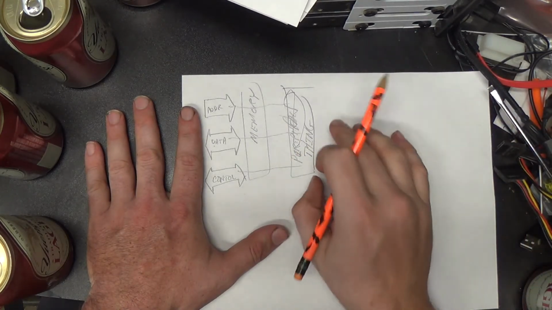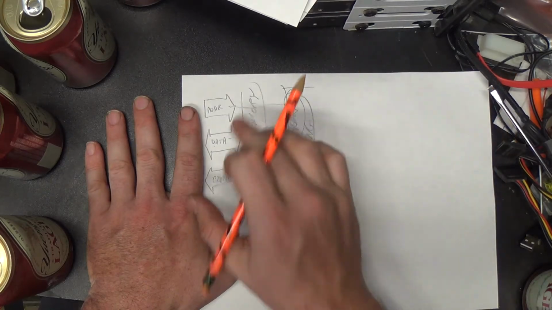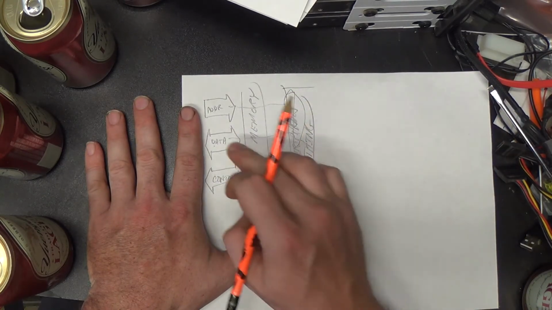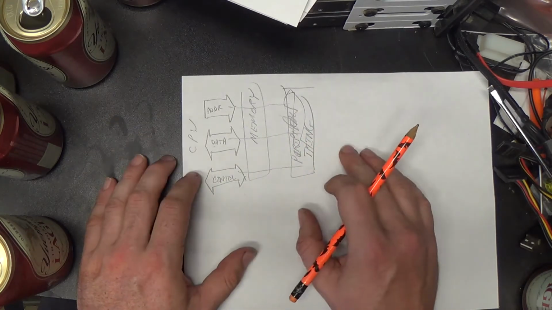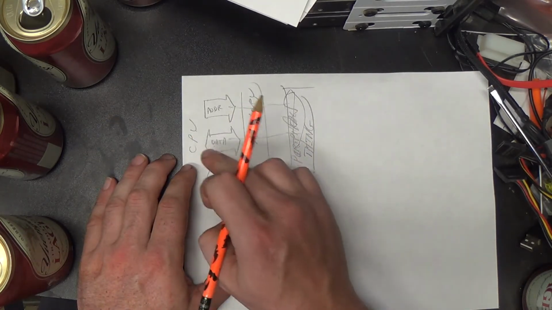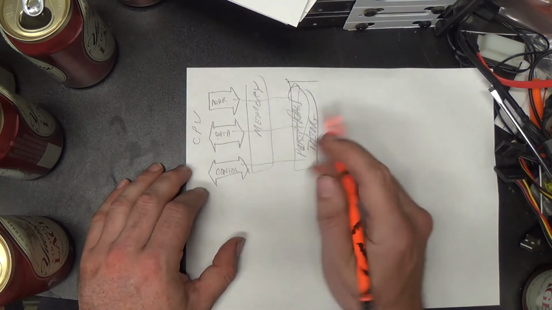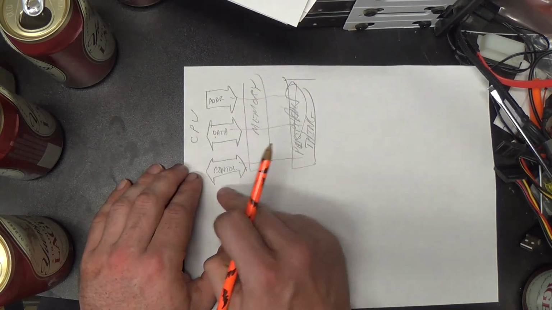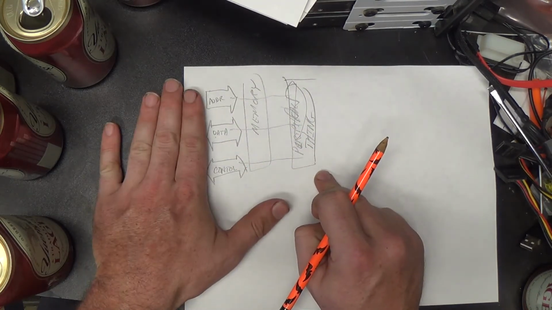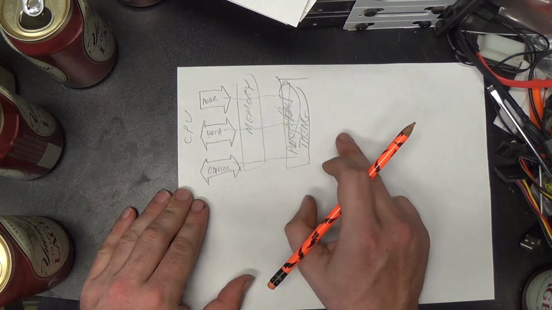But in any case, when the thing is done acting like it's the CPU, it unasserts that bus request line, which tells the CPU that it can be the CPU again and take control of the bus, and then the CPU deasserts that bus acknowledge line and continues to operate as the bus master again. This thing was the bus master after it requested the bus and the CPU granted it, and then when it was done, the CPU becomes the bus master again.